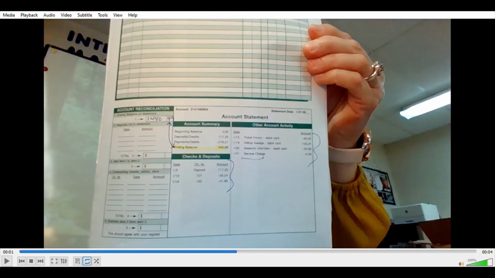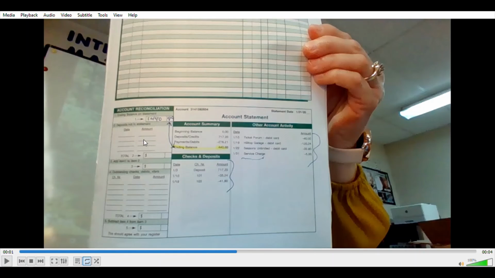The first step to completing the account reconciliation form on the left side of the bottom of page 3 says ending balance on the statement. So in box number 1, you will write the ending balance on the statement. I've drawn an arrow here so you can see where I got this number. The number is $440.99. That's how much the bank thinks you have as of January the 31st.